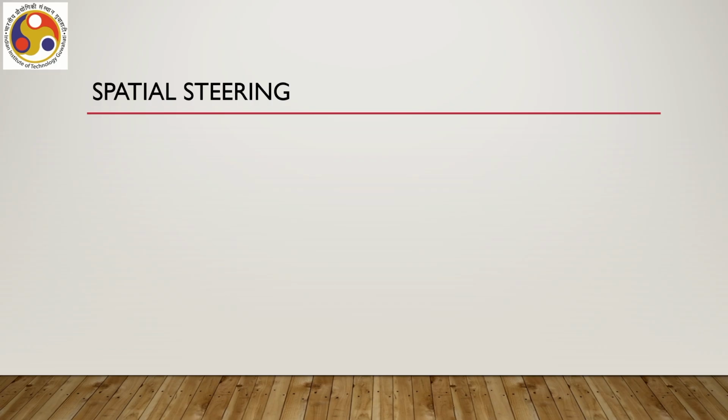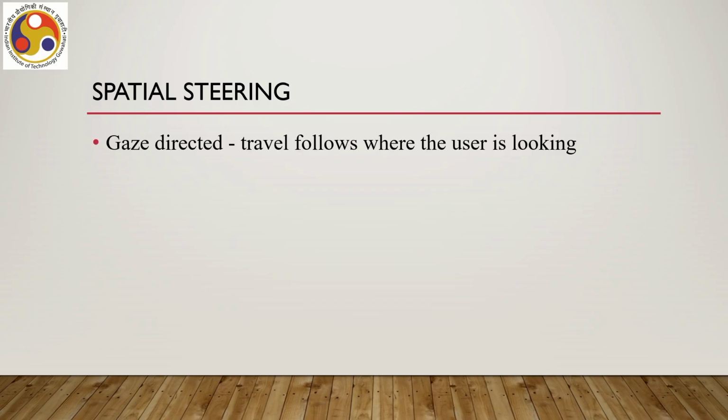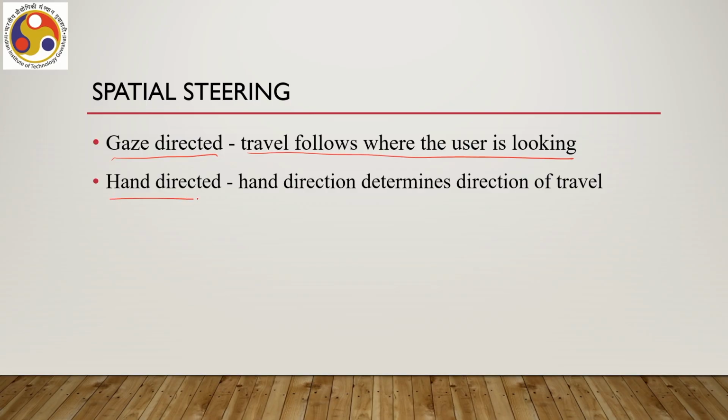What is the spatial steering based locomotion technique? So, it can be gaze directed, that is, the travel follows where the user is looking. So, just by looking at a distance, we can move continuously to that target location. Then it can be hand directed.